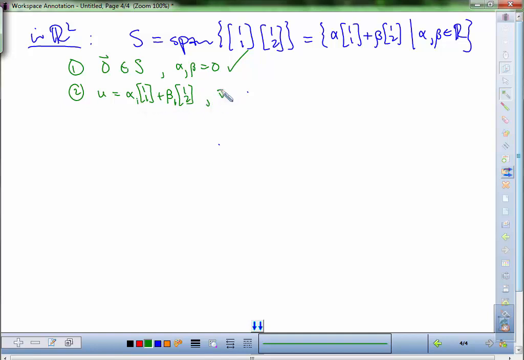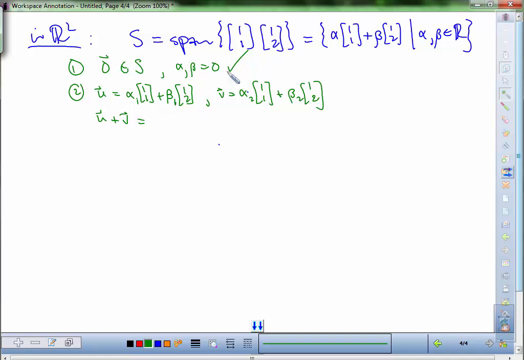And then V is a different alpha, so I'll call it alpha 2. If I add those two vectors, the question is, am I still going to be in the subspace?